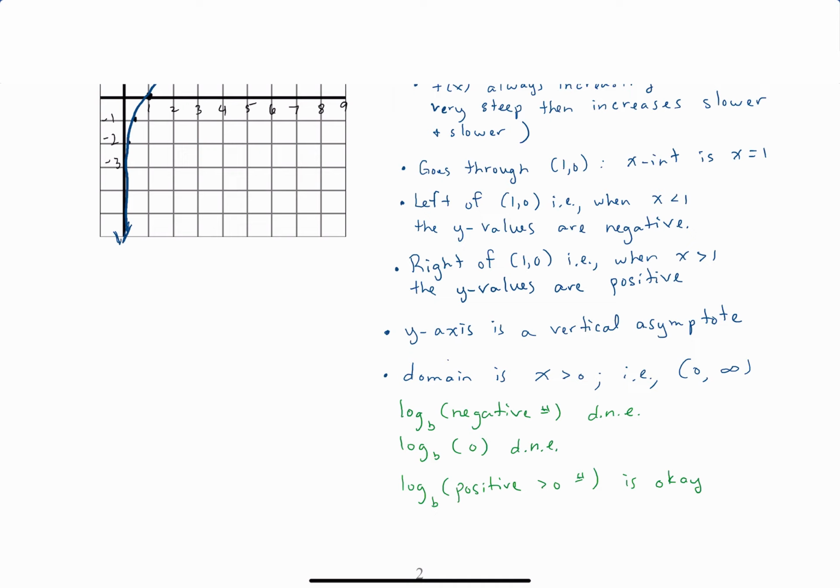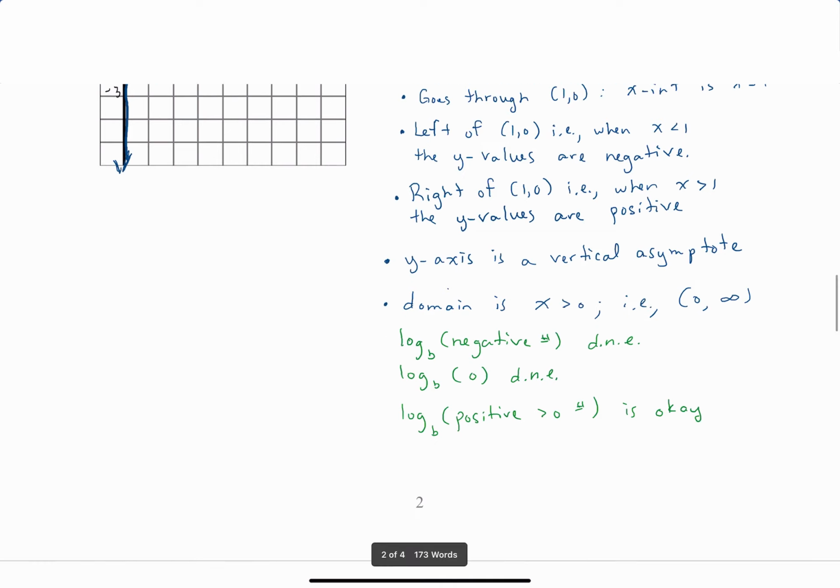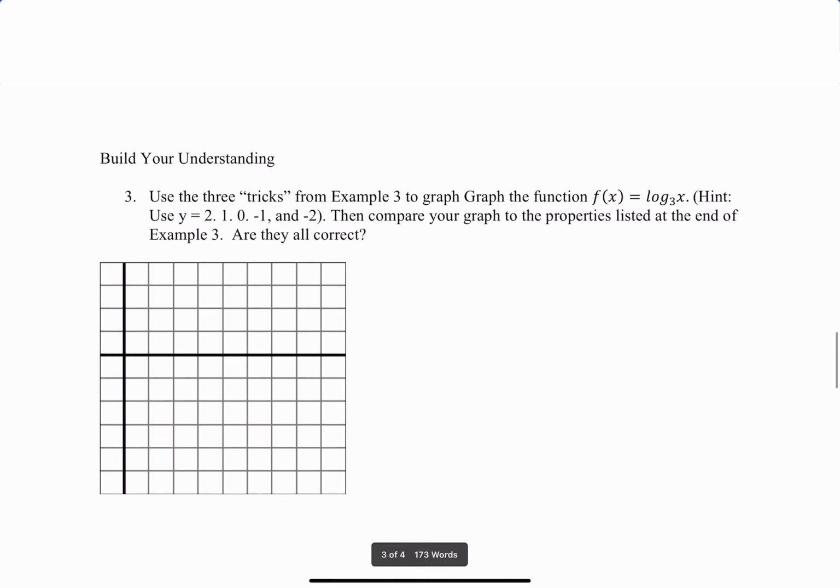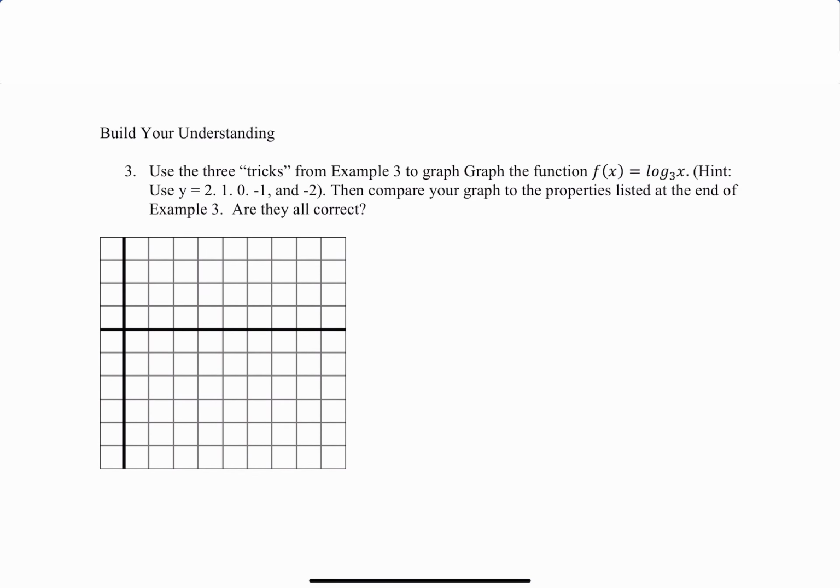Before we go on to the next video, please do the Build Your Understanding problem on the next page, where I ask you to use the 3 tricks from the example we just did to graph the function f of x equals log base 3 of x. And I've got a hint there for you. So the 3 tricks were first to change the f of x to a y, and then switch to the exponential version of this, and then put in numbers for y, not for x.